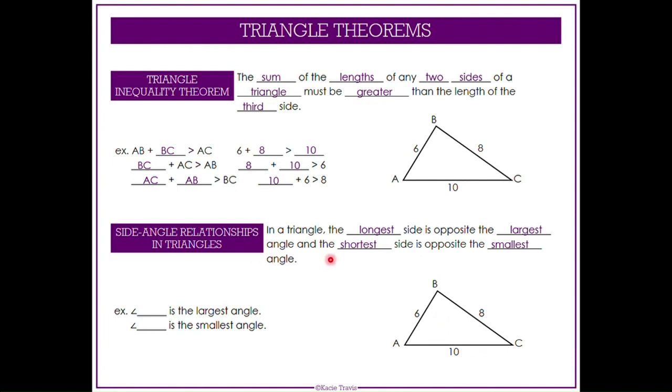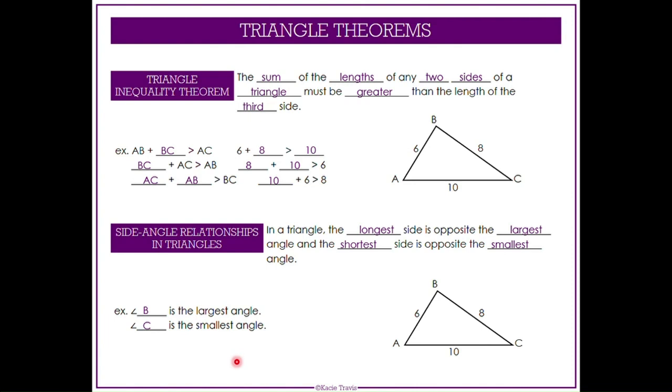From this information, B is going to be the largest angle because it is opposite our largest side, and C will be our smallest because it is opposite our smallest side. This will work out for all of our triangles. One of the things you will notice is that if you have two sides that are equal, you will have two angles that are equal.